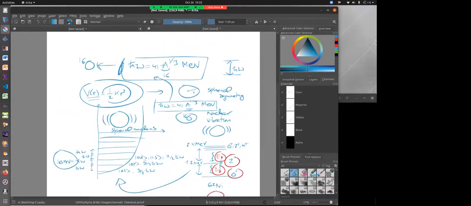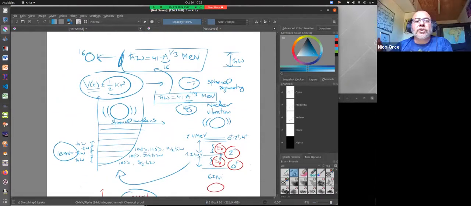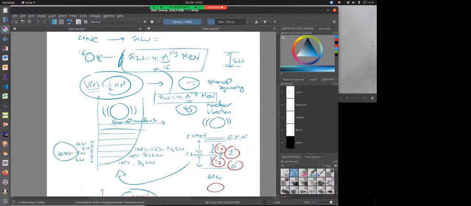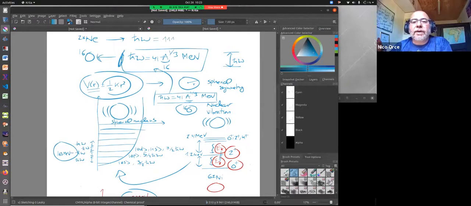Okay, yeah. For each nucleus it will be different. So for neon 20, H bar omega will be equal to 41 times 20 to the 1/3, and that will be 111, right? 111, which will be the difference, the energy jumps in this harmonic oscillator. Each jump from one here to the next will be 111 MeV.